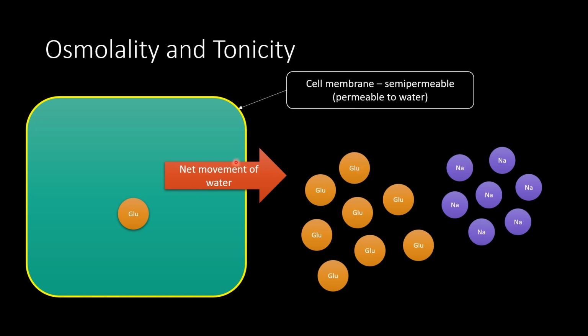This net movement of water will dilute the glucose, no doubt, but it will also dilute the sodium, which is actually not decreased in this case, but it will appear as if it is decreased because it has been diluted by the net movement of water, which is caused by the glucose. So that is the phenomenon where an increase in glucose concentration in the plasma can lead to a falsely low sodium, that is called pseudo hyponatremia.